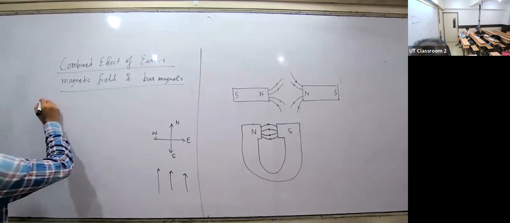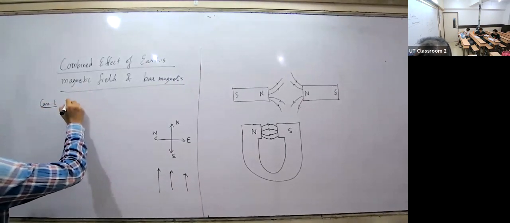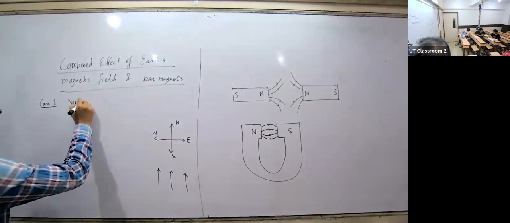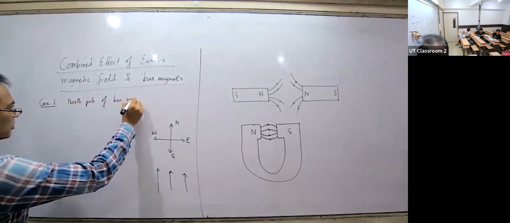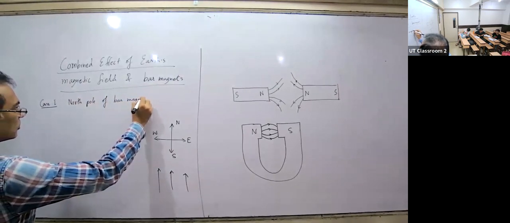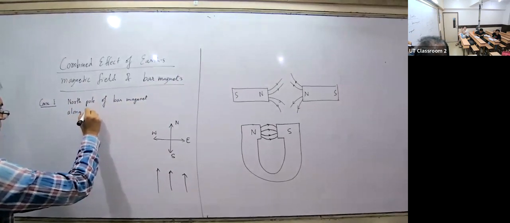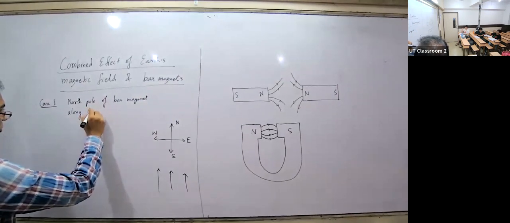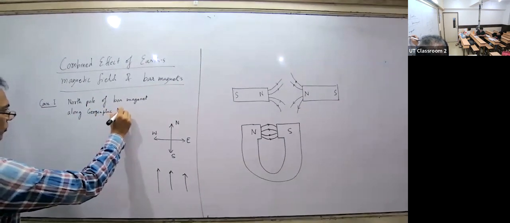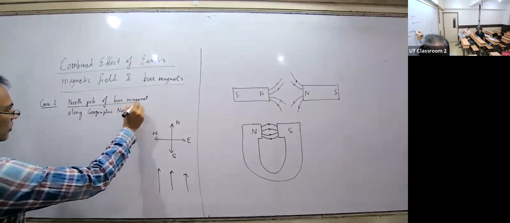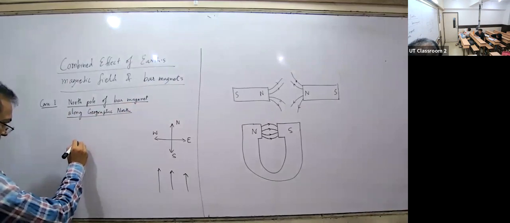Now we will see two cases. Case one: north pole of the bar magnet along geographic north. Meaning, now I have kept a bar magnet like that.